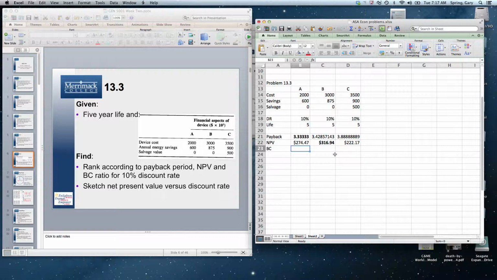And then the benefit cost is the present value of the benefits divided by the present value of the costs. So the benefits are rate, number of periods, and the payment is that. Right? And then the other benefit is the present value of the salvage, 10%, 5 years. But now it's a future value, and we're going to make it a negative.